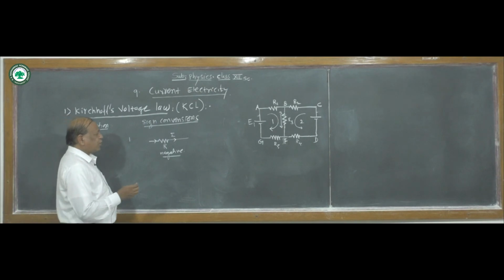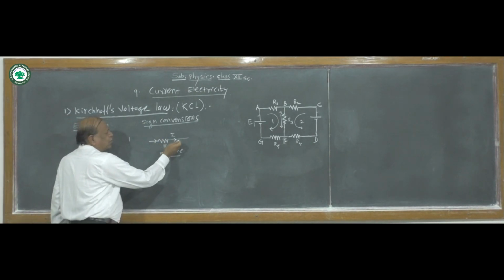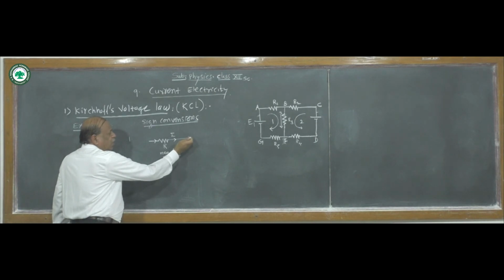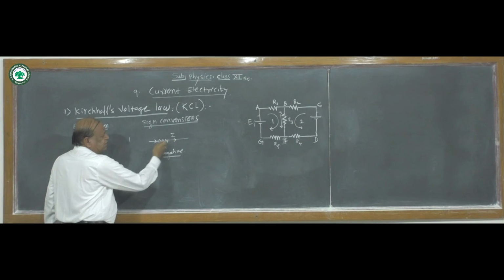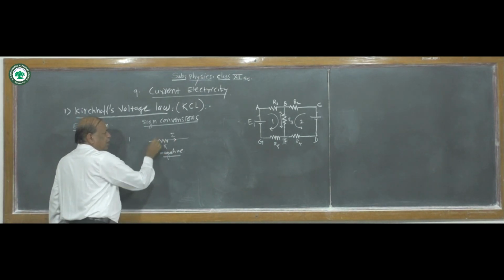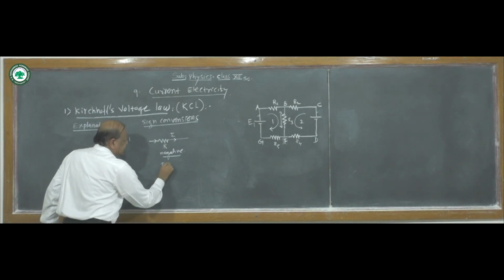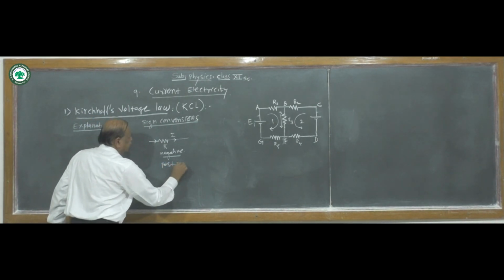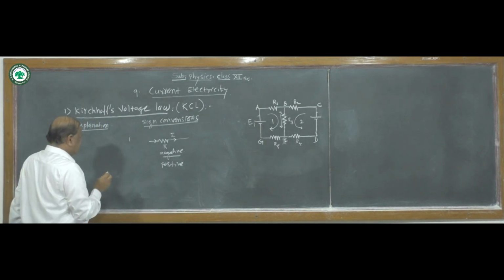And when we are traveling opposite to the direction of current, or against the direction of electric current, then the PD across that resistance is treated as positive. This is the first sign convention for that electrical network.